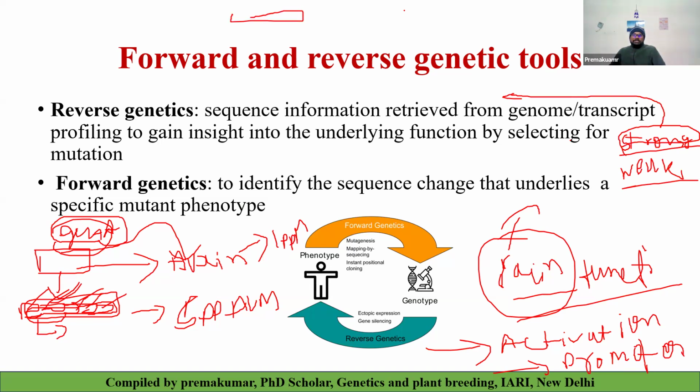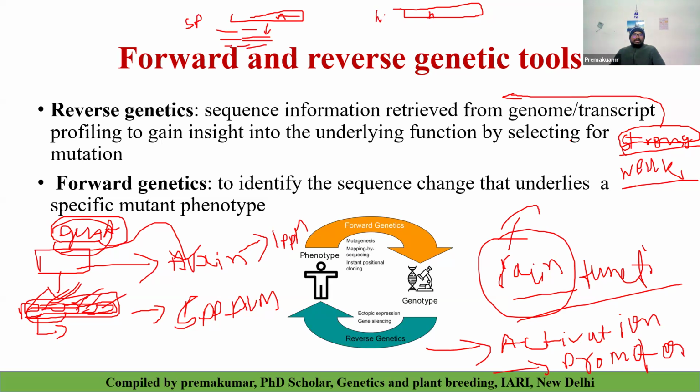For example, take the same gene, gene A, and gene A. If it is with a strong promoter, it will produce so many copies of mRNA.